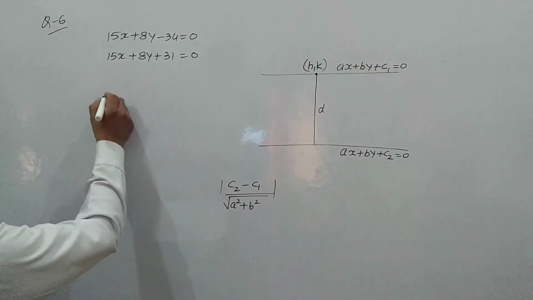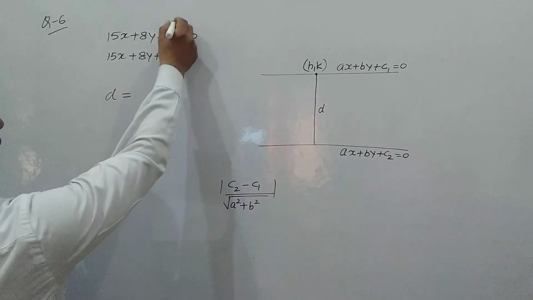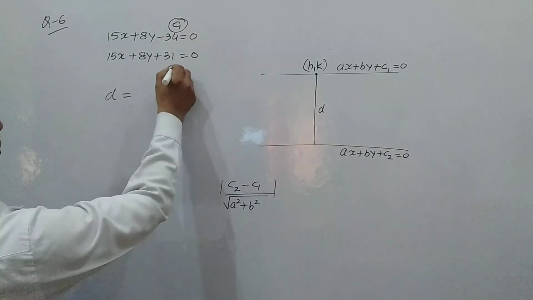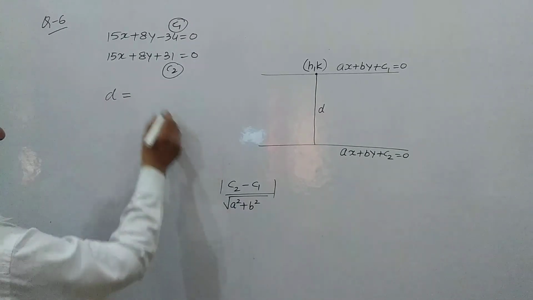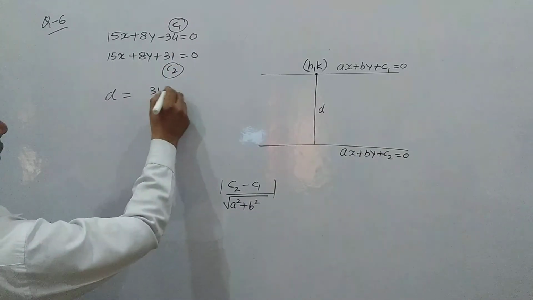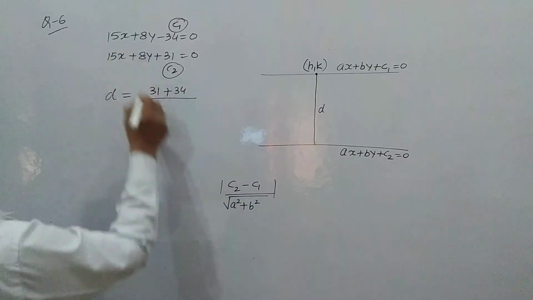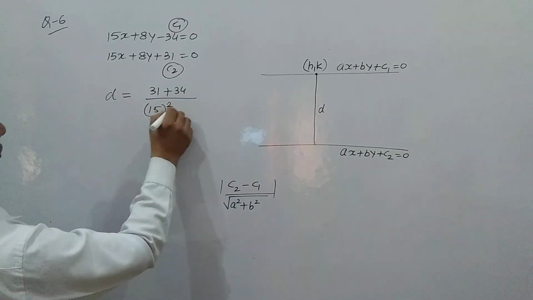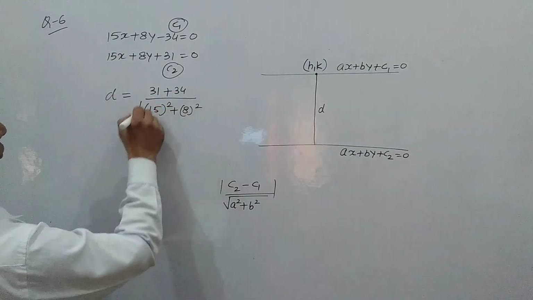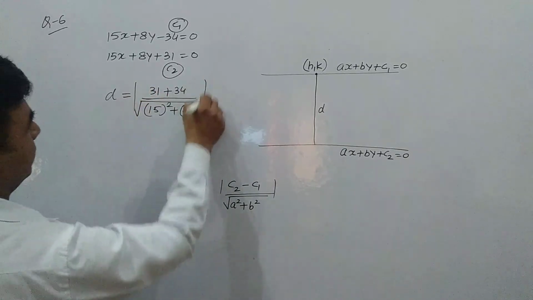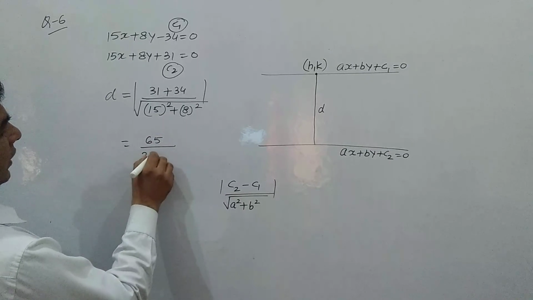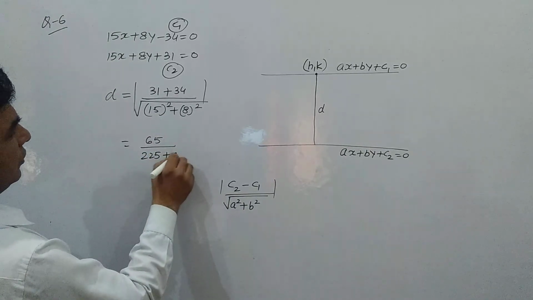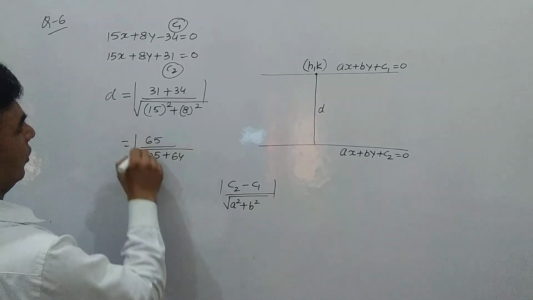So let me find the value of d. This is c1, this is c2. So this is c2 minus c1. c2 is 31 plus 34 upon the square root of a square, which is 15 square plus 8 square, and with modulus as well. So this is how much? 65 upon the square root of 225 plus 64, modulus as well.